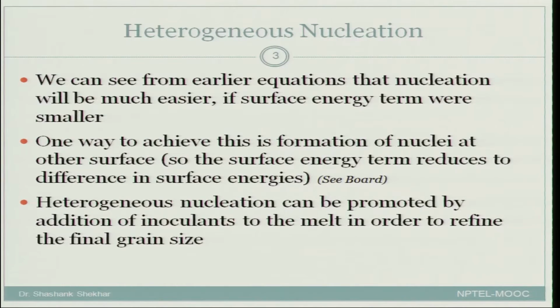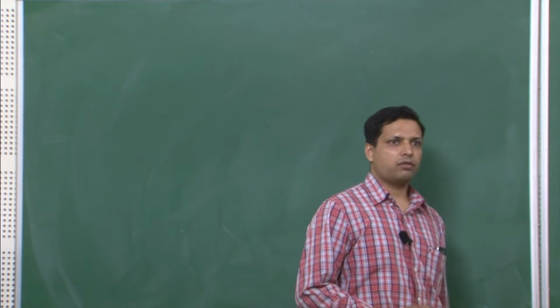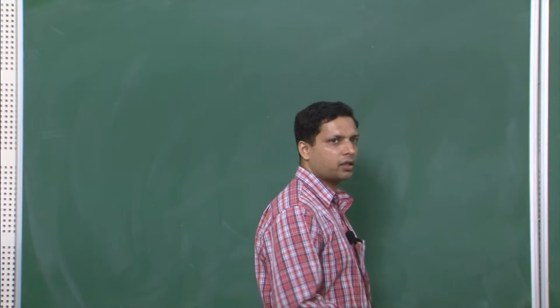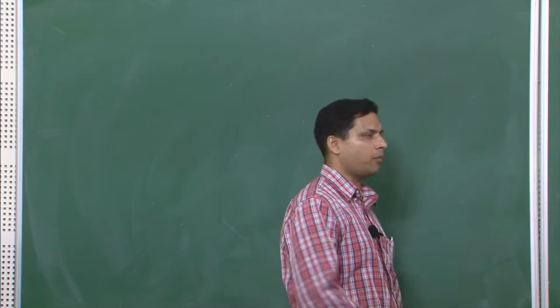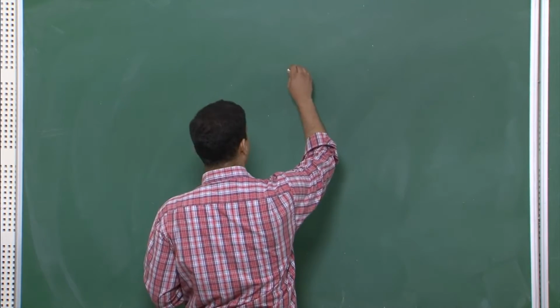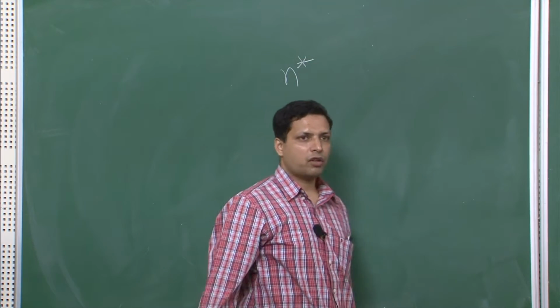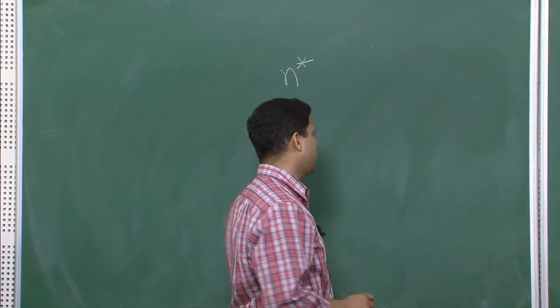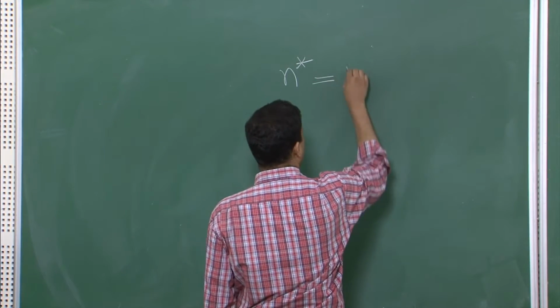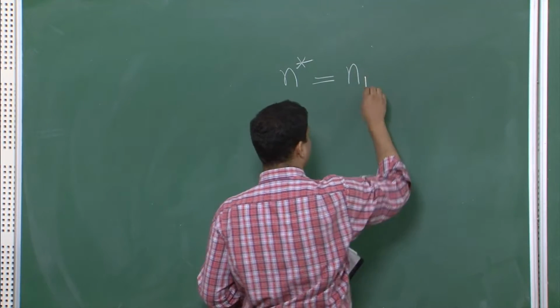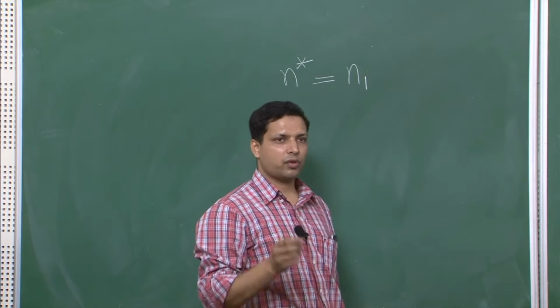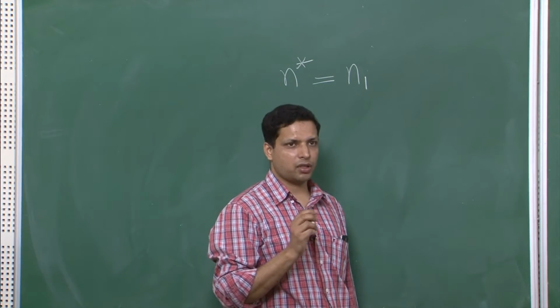So now let's take a look at the nucleation rate, and as you will see, the form of the equation for nucleation rate for heterogeneous nucleation remains the same. If n star is the number of clusters of critical radius, then n star is equal to n1. We are not using the term n naught, which was the total number of atoms present in the liquid.